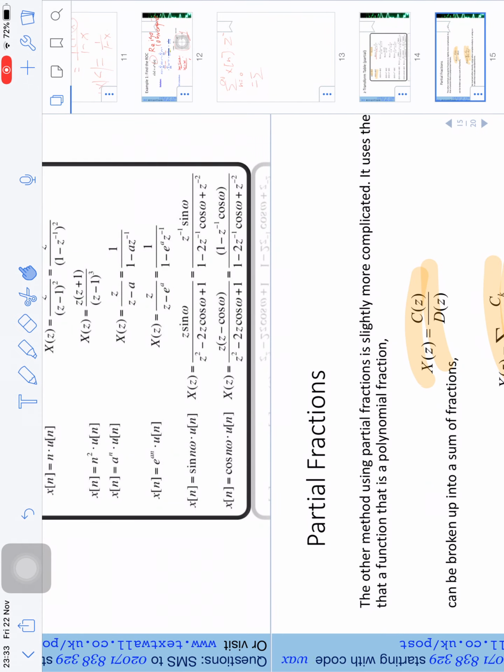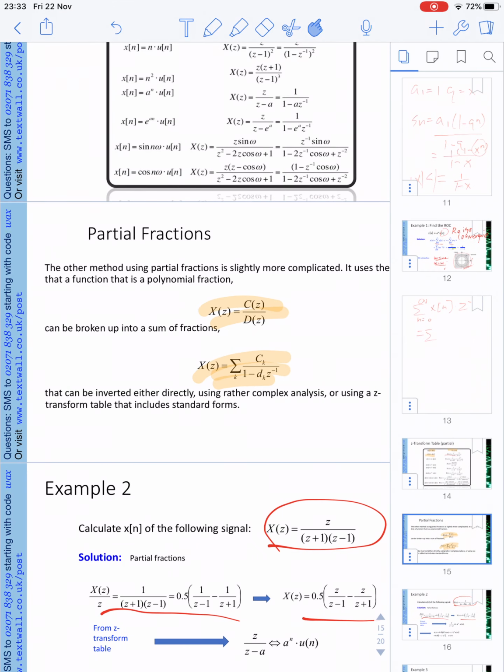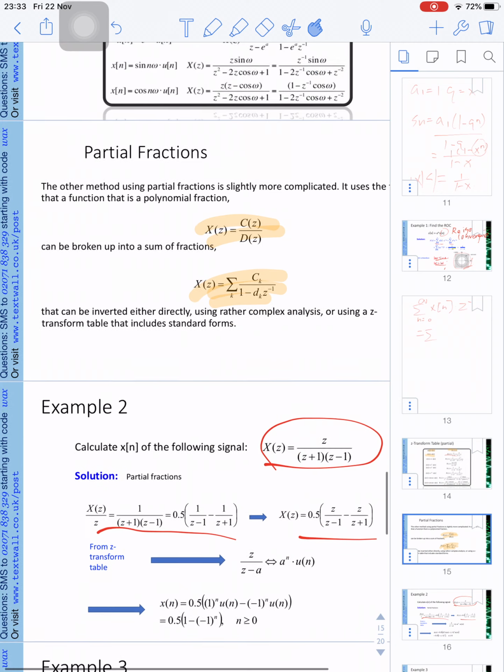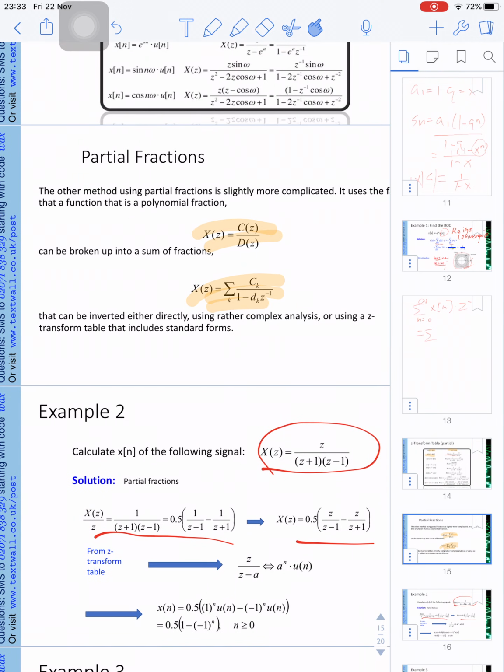The partial fraction in Chinese is called 列项.